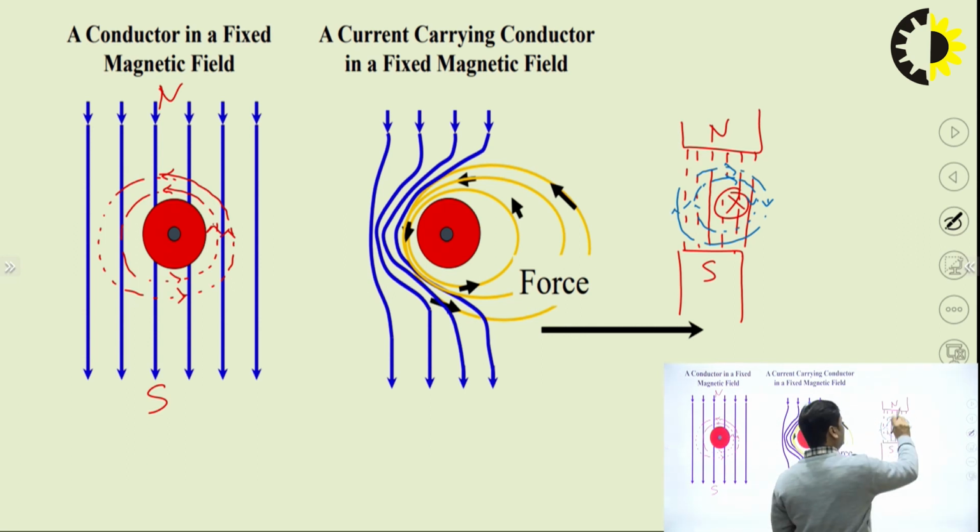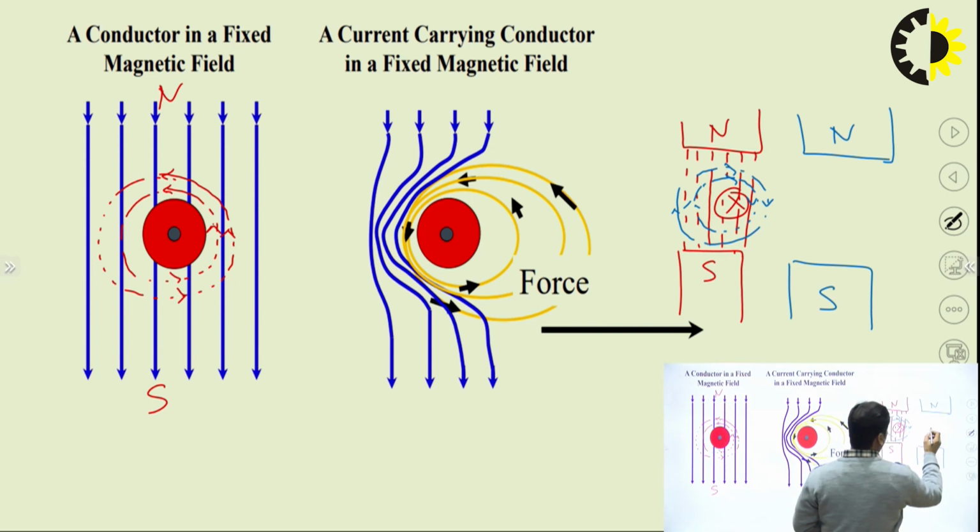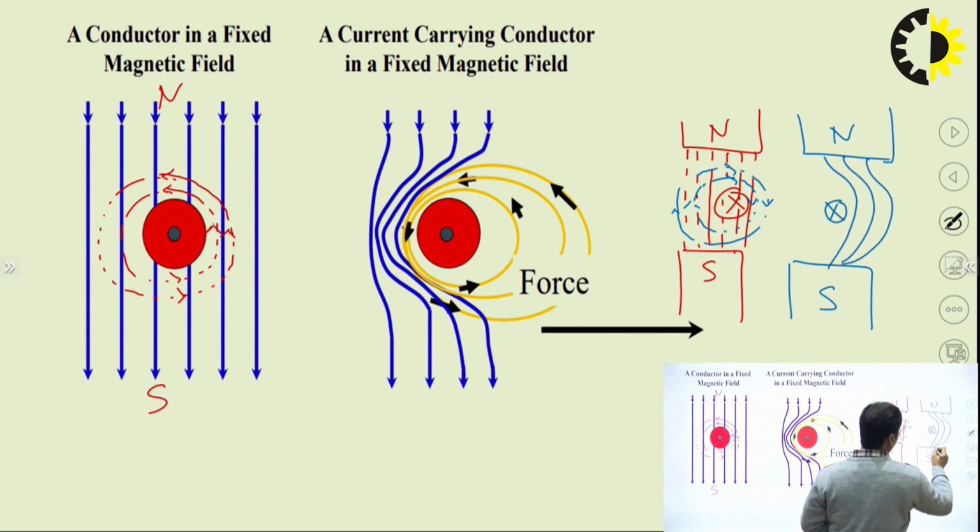If I take this as your current coil, here the magnetic field will be strong in that direction, and in this direction the field will be very less, so it will put a force to move the conductor in this direction.